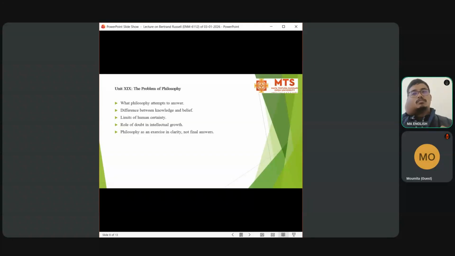So knowledge is based on evidence and certainty, while belief may exist without complete evidence or proof. So philosophy, according to Russell, helps us understand the limits of our knowledge. It teaches us that human certainty is often limited, and that many questions do not have absolute answers. No, it doesn't have final answers.